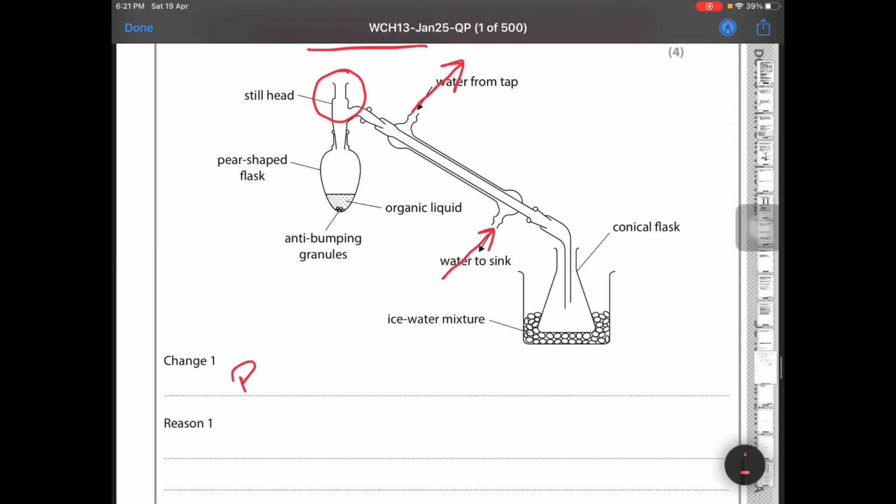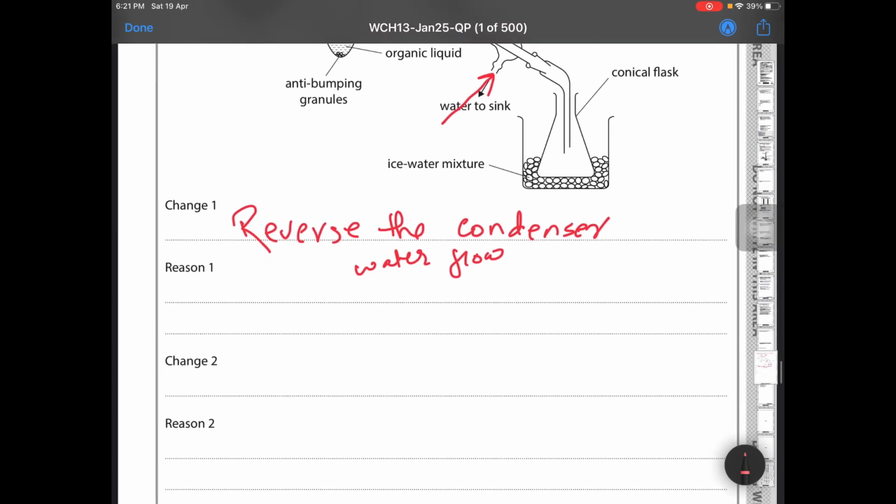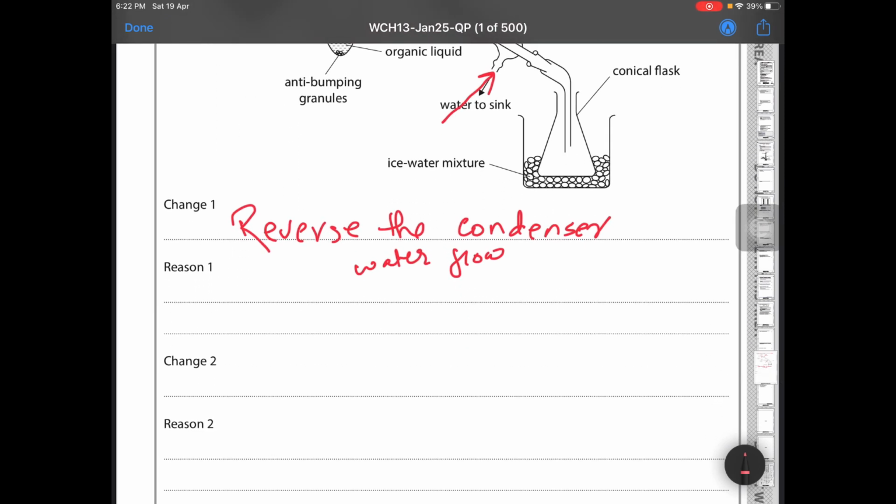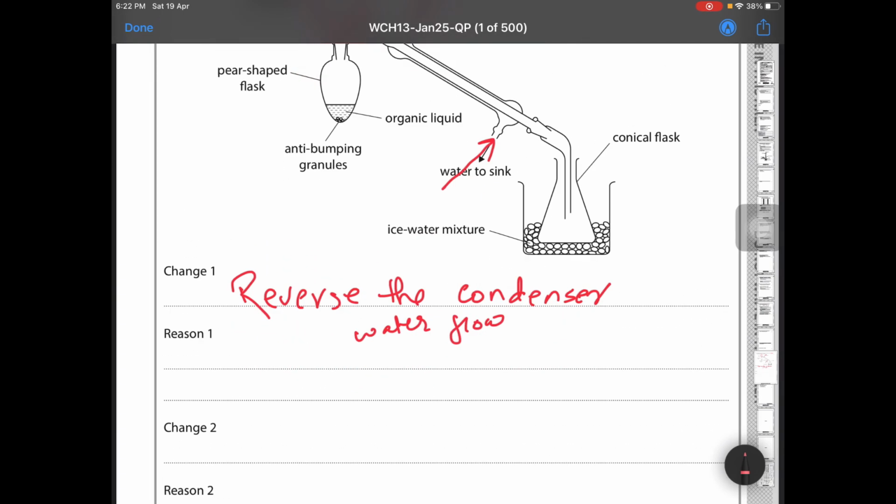So you can say reverse the condenser water flow. Reason? Because you have to fill the condenser with the water.